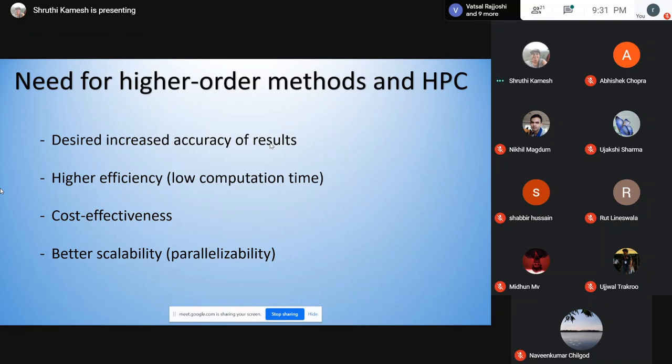You would want more detail, right? The other thing is that you would want higher efficiency, that is lower computational time. This is easily understandable. If you have to use 10 computers to solve a particular problem, it's not very efficient if you don't have the resources, or the funds or access to such resources, and they could be used in a much better way.